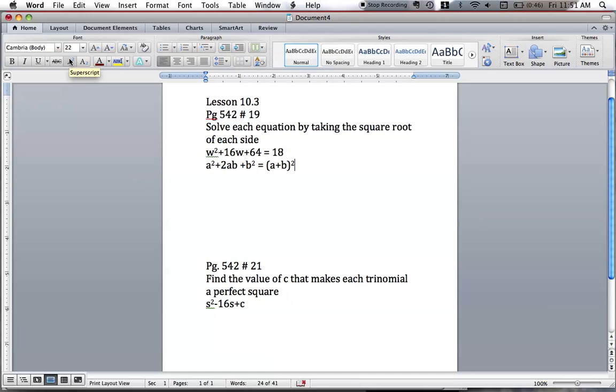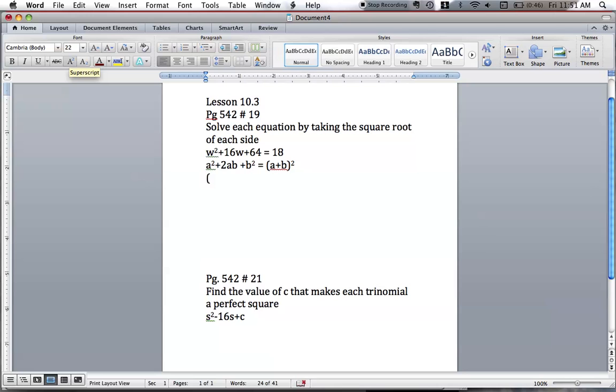Just fill in our a and b. In this case, our a is w, and our b is 8. Set that squared, and leave the rest of the equation as is.